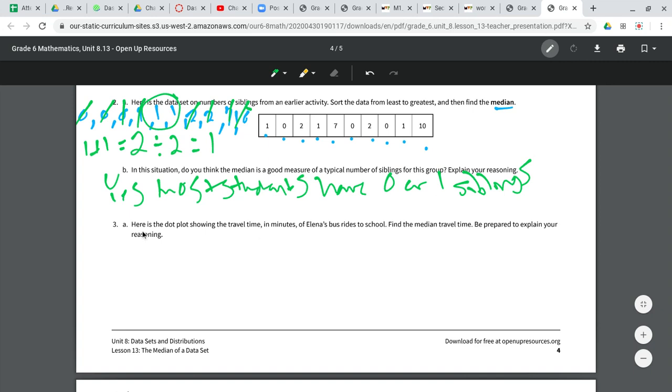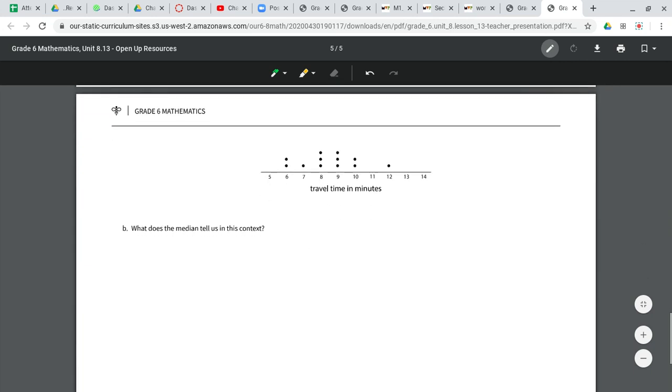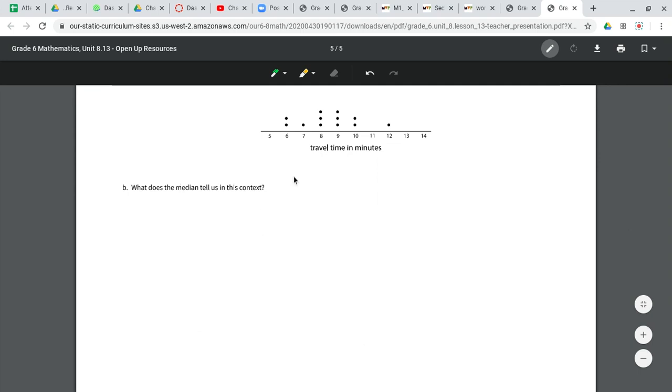All right, for 3, here is the dot plot showing the travel time in minutes of Elena's bus rides to school. Find the median travel time. Be prepared to explain your reasoning. So if we take a look, we want to find the median. Now, because it's in the dot plot, this is already in numerical order.